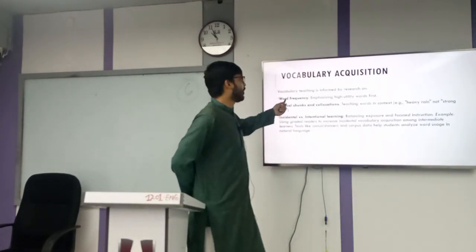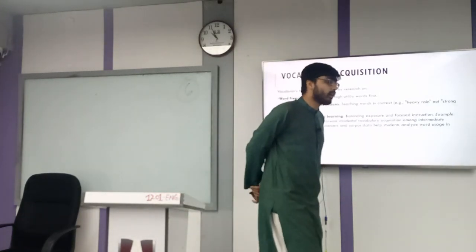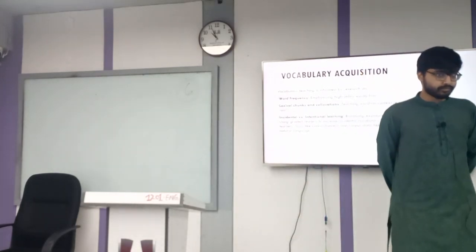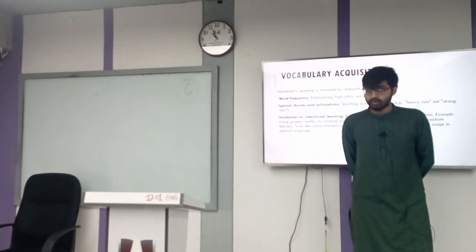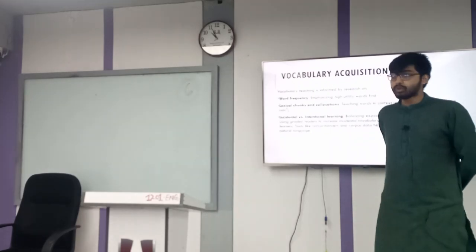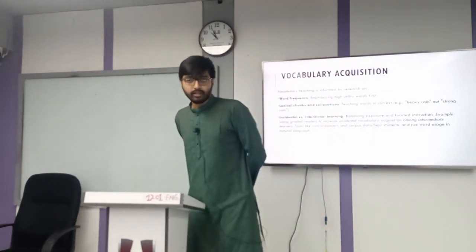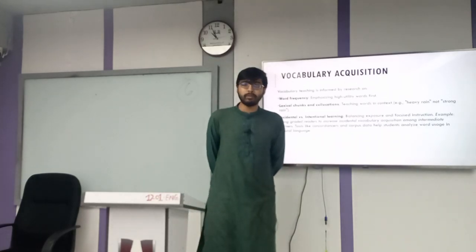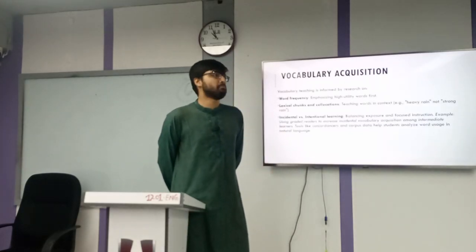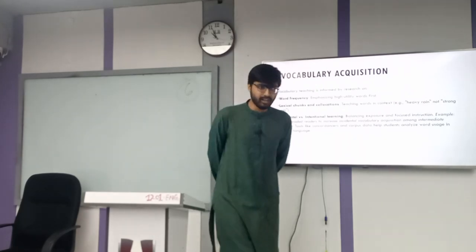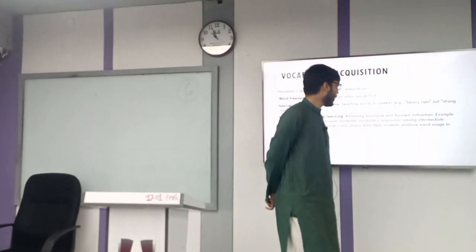Number one, word frequency. The most frequent words should be taught first. I, you, do, don't, do not do, play, eat, sleep. These things. Most frequent words. Everyday words, we can say, everyday using words, okay?